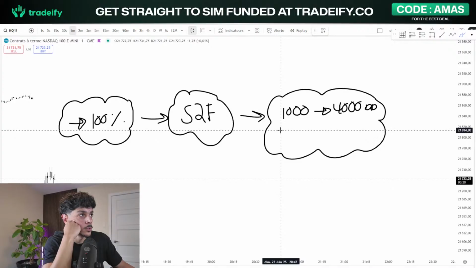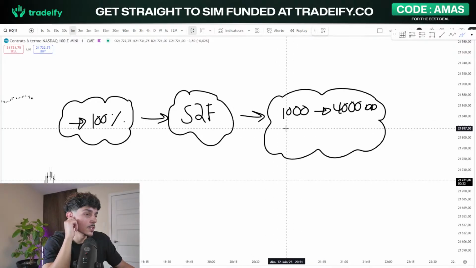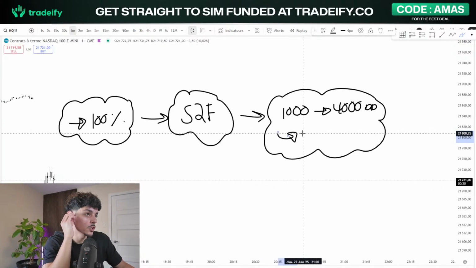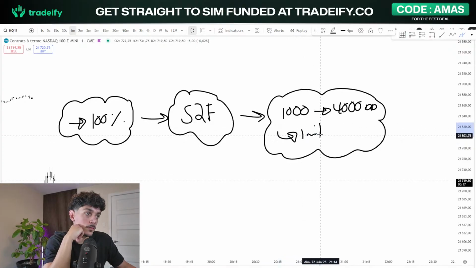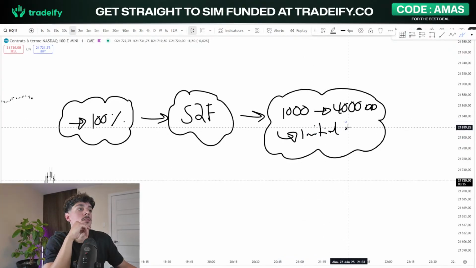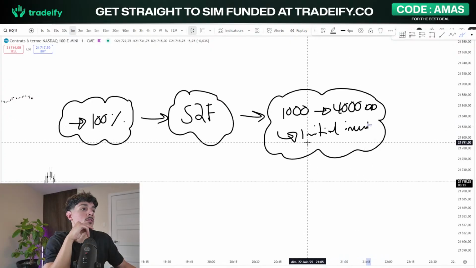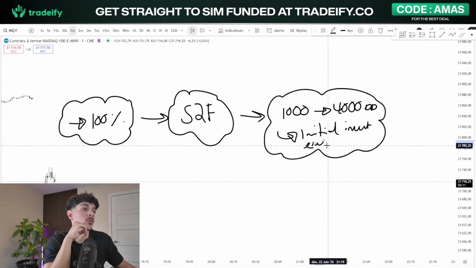Am I tripping? Yeah, I'm tripping. 14. Yeah, no, it's 1,400. So the initial investment is pretty low compared to what you're getting in drawdown.